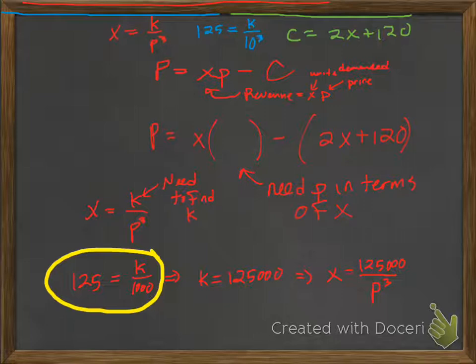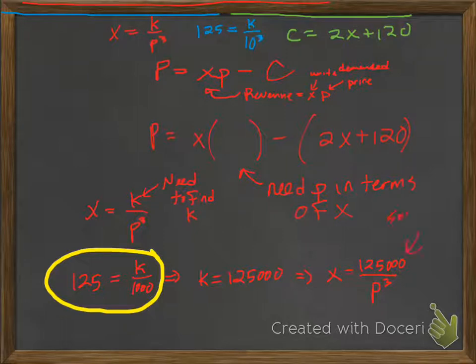That's our k. Done deal. Once we have that k, then x is 125,000 over p cubed. Well, that is a function I can solve for p within, and if I can solve for p, that is going to be p equals something with that 125,000 and x. That's what I need to put in up above for my p function.